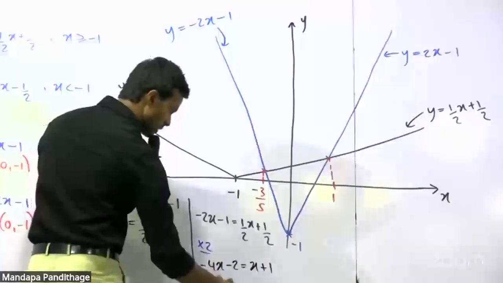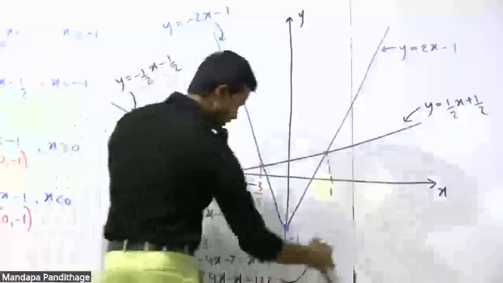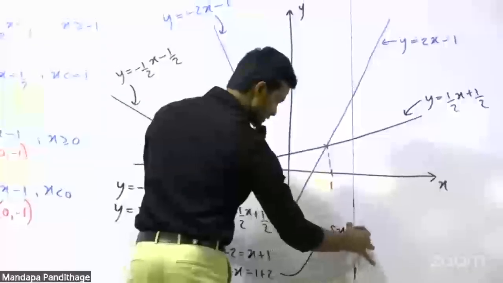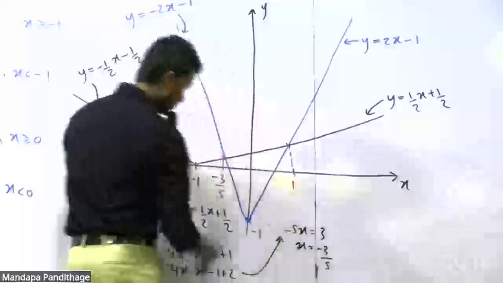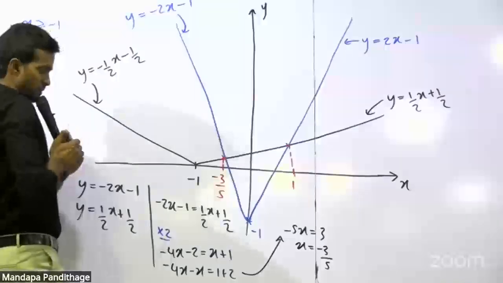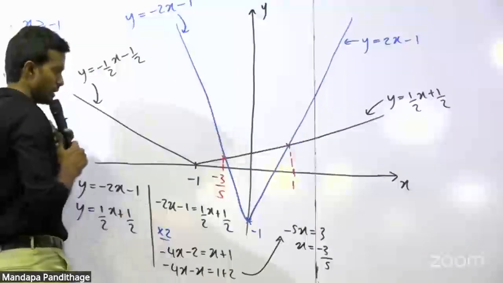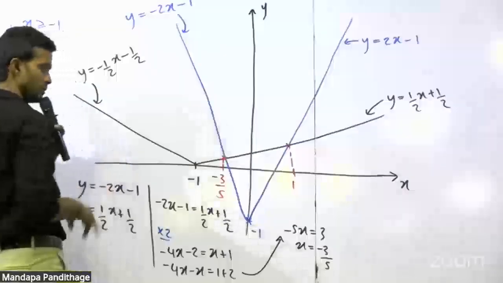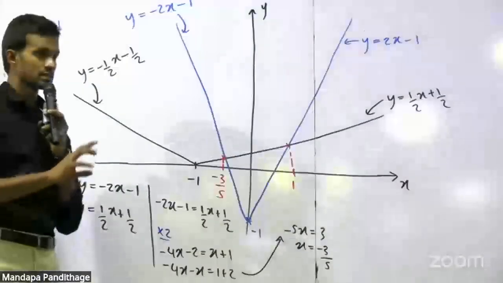So you get minus 4x minus x is equal to 1 plus 2, which gives you minus 5x is equal to 3. You can do the simplification even by taking minus 1 here, plus 1, that's okay. But if you multiply by 2, you can take out this divided by 2. Now it is clear. So I told you, you don't get A-level questions as commercial advertisements.